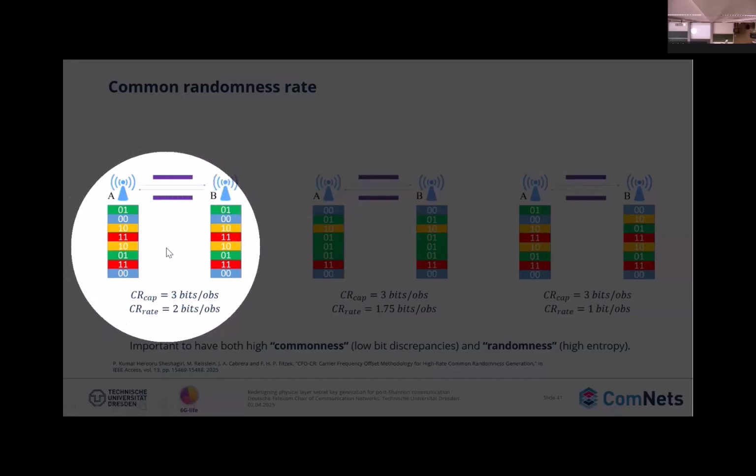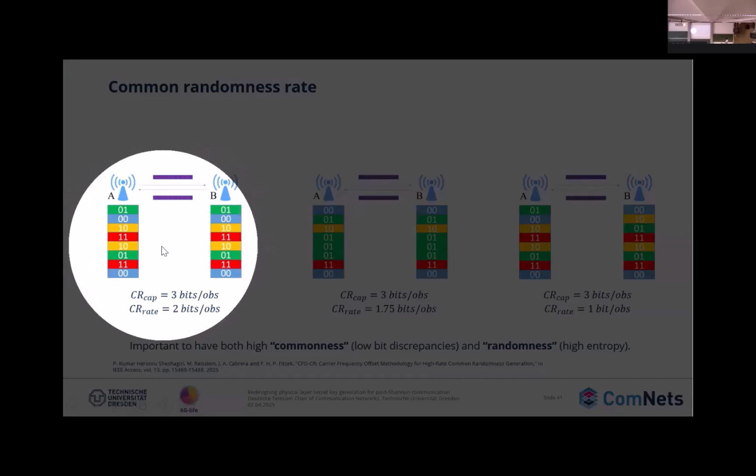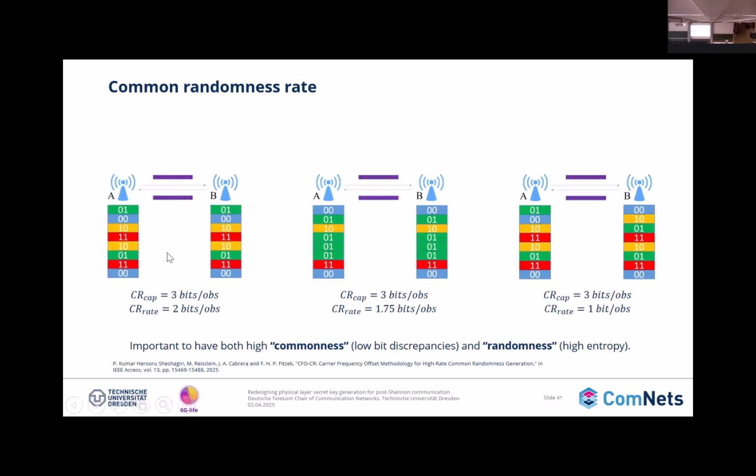This means it's high commonness and very high randomness as well. So we achieve a very high common randomness rate of 2 bits per observation. And the common randomness capacity is 3 bits per observation because it's the entropy of the observation, and we assume here that we have very high entropy in the channel observations.